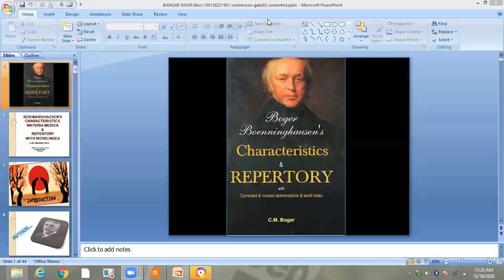As we said, Boenninghausen did not add concomitants, but while rearranging the BTPB, Dr. Boger tried to add concomitants under each section.